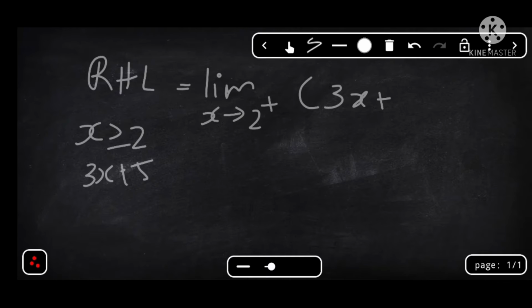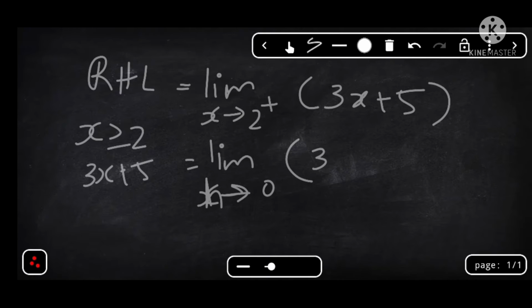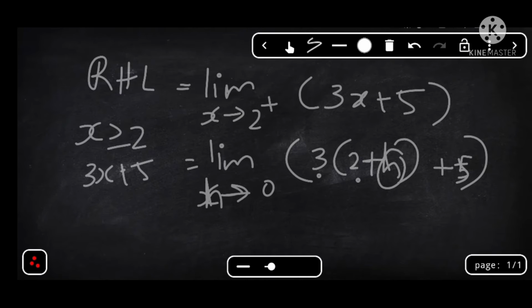So just do h tends to 0, 3 into 2 plus h plus 5. What is this value? If h is 0, then 3 into 2 is 6, 6 plus 5 is 11. So we are going to get 11.